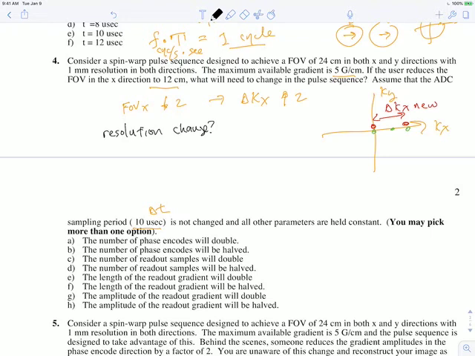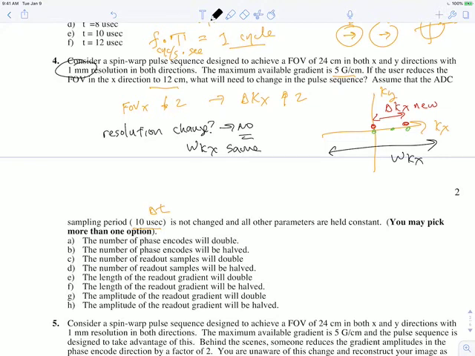We're told that everything else is held the same, so we assume the resolution we were given doesn't change. So no, that means the kx max is the same. How far I go out is the same.